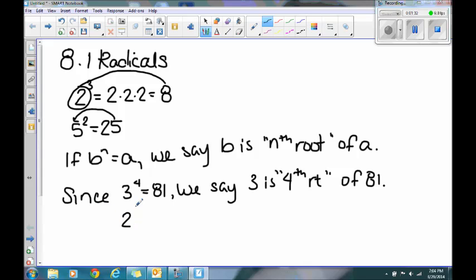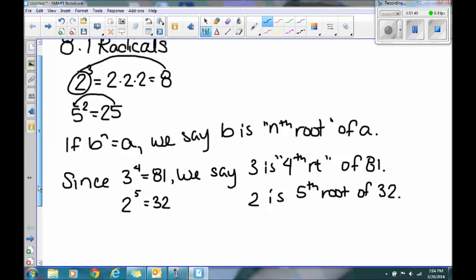Since 2 to the 5th power is 32, we say that 2 is the 5th root of 32.